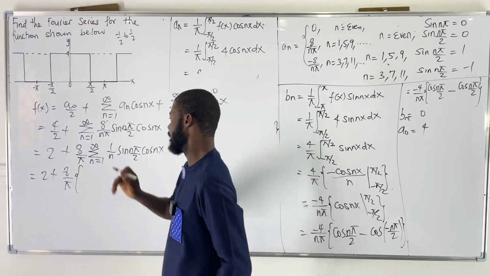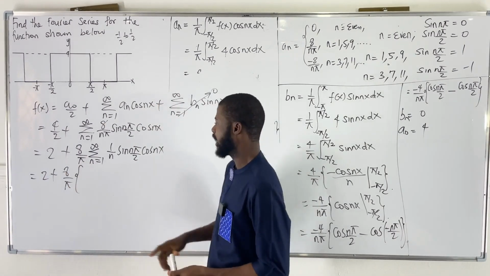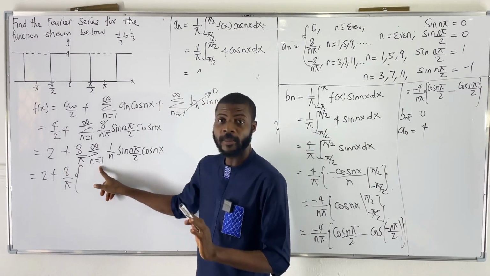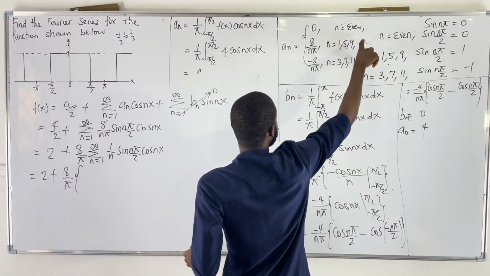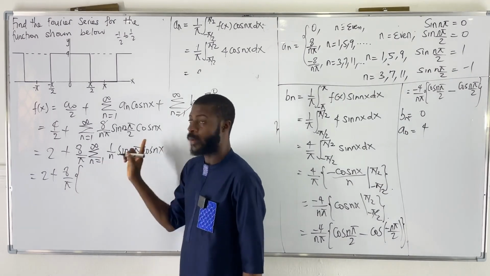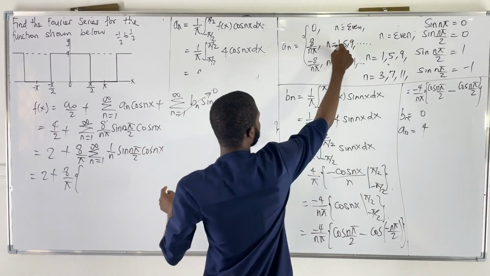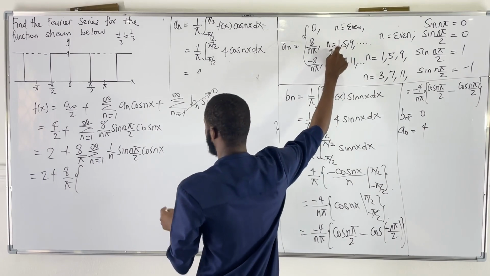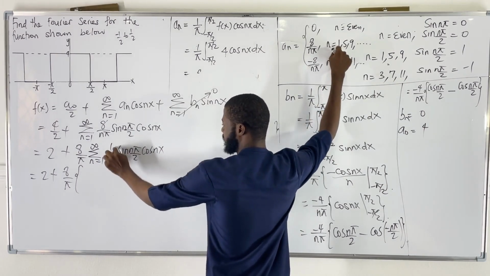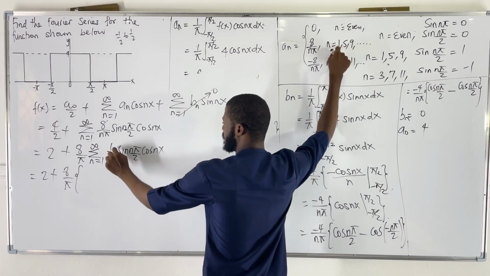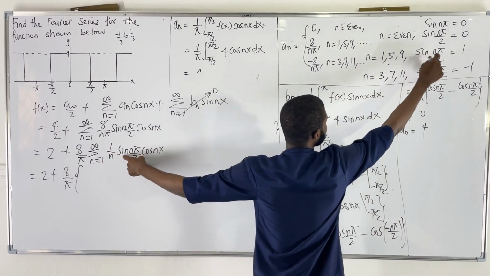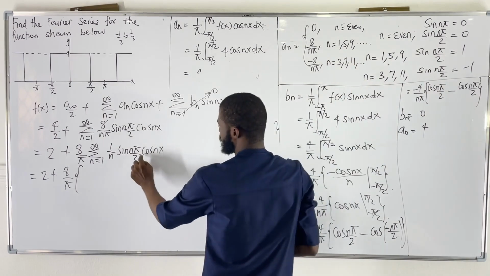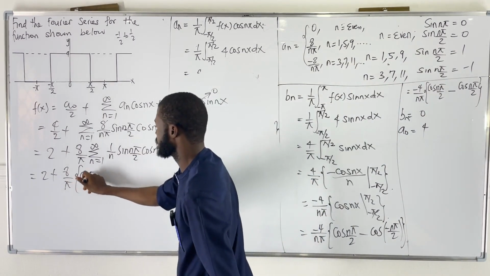Now let me open up a bracket. Anywhere n is, I'm going to be putting odd numbers, because we know that answers only exist for odd numbers, not even. So when n is 1, we have 1 over 1, and the value of sine n pi over 2 when n is 1 is 1. Then we have cos x remaining.